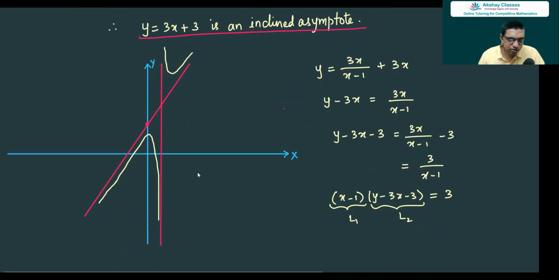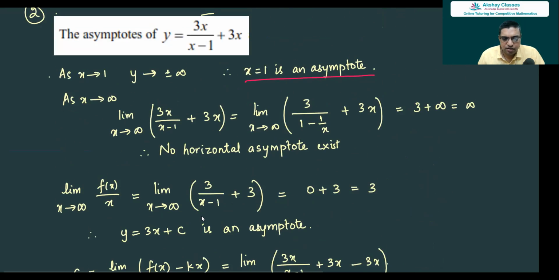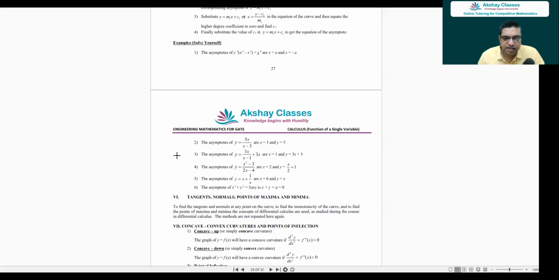This is a hyperbola. So this is how we find the asymptotes and the curve. So by seeing the equation, we can predict which kind of curve it is, and you can do these other two problems. There is also again a hyperbolic type of problem. Now let us look at this question.